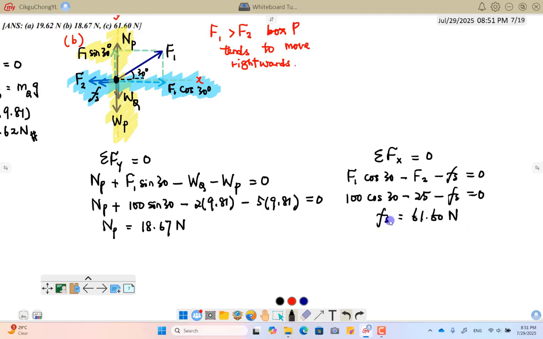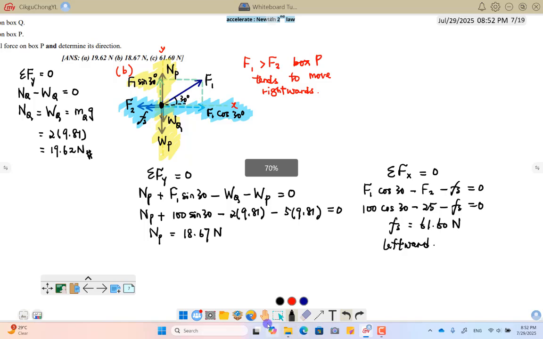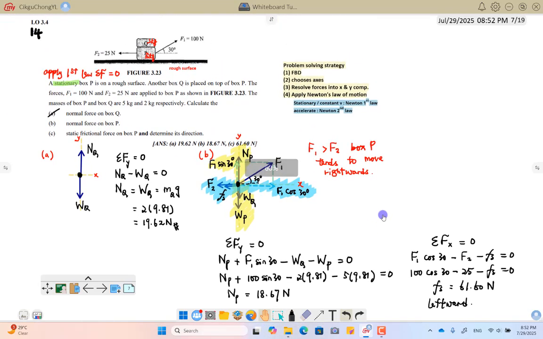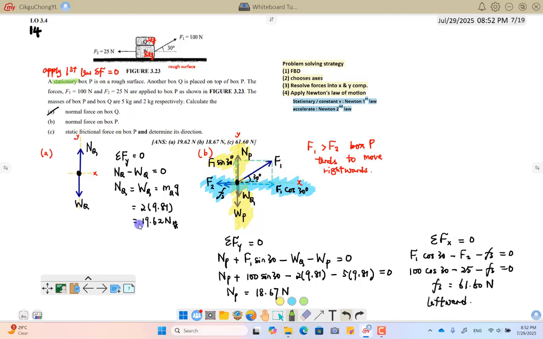The direction of the static friction force is pointing leftwards. So we have solved the question: we have the normal force on box Q, the normal force on box P, and also the static friction force, and the direction is leftwards.